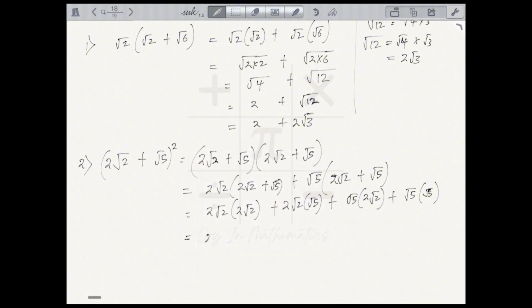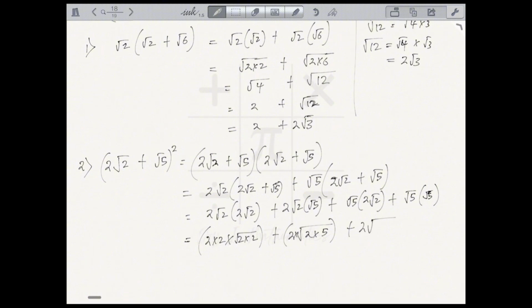So this will give us 2 times 2 times root 2 times 2. And this will give us 2 times root 2 times 5, because we're applying the laws of surds. So this will give us 2 times 5 times 2, and this will give us root 5 times 5.